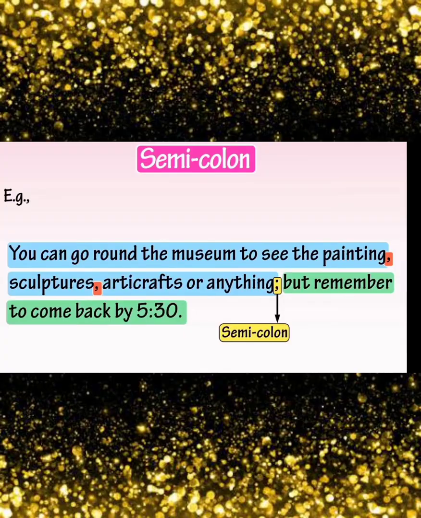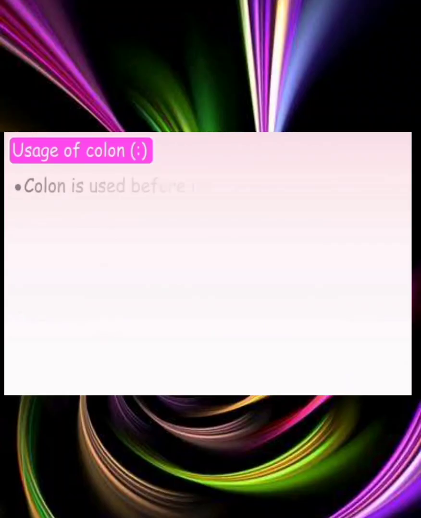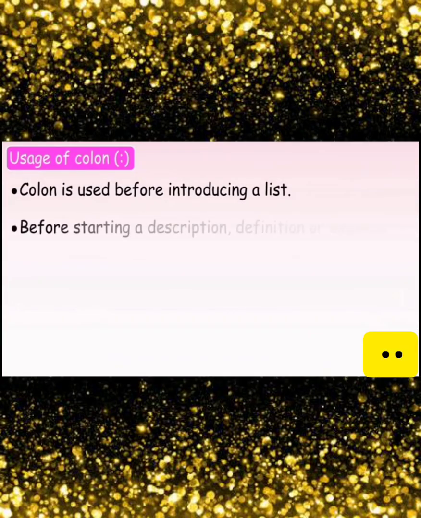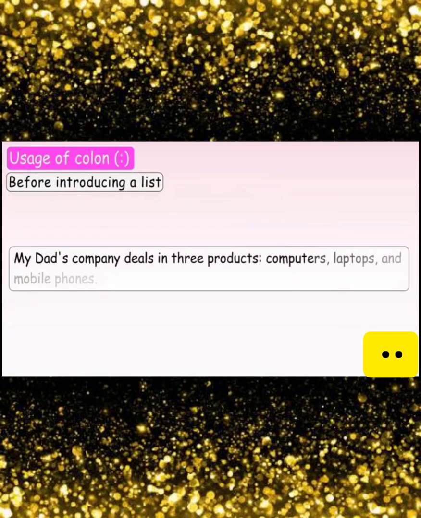Now let's learn where to use the colon. A colon is used before introducing a list, or before starting a description, definition or explanation. Now let's learn with examples. My dad's company deals in 3 products: computers, laptops and mobile phones.